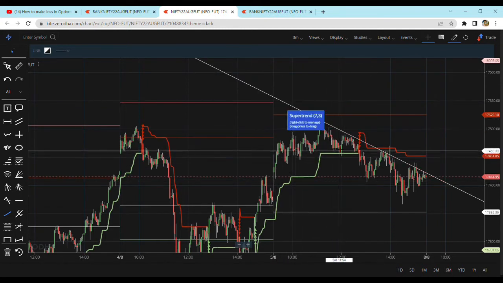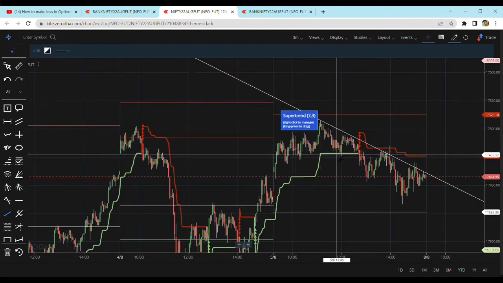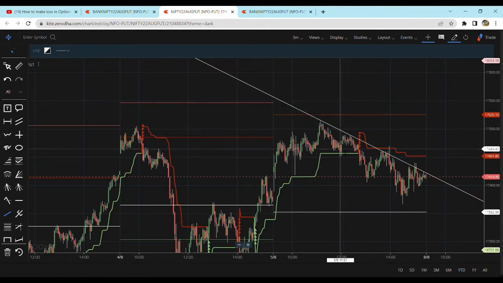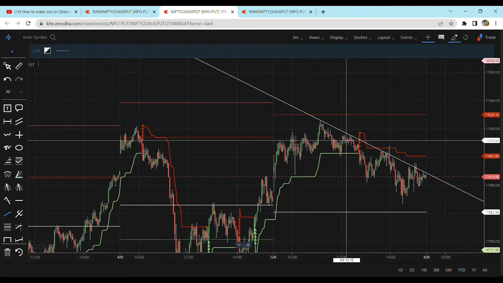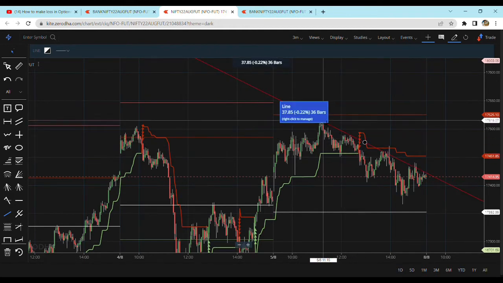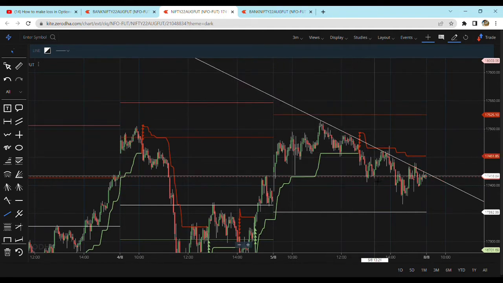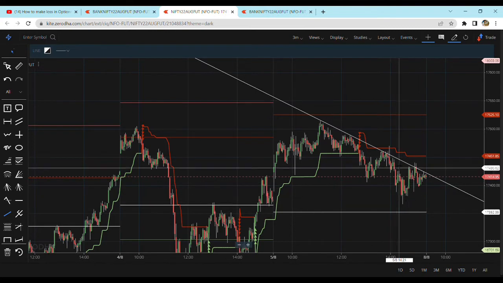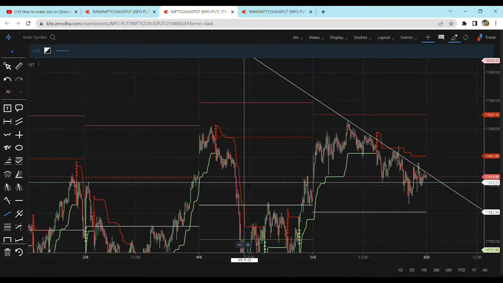A little profit booking happened for the short sellers, and the buyers' stop loss got hit, and then it went slightly up, and from there again it went down. You can see how it has formed lower highs, and then again goes lower, goes up, and then again goes lower. This is how a trend is followed.